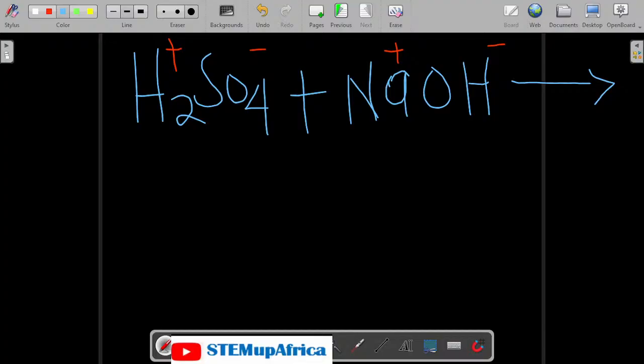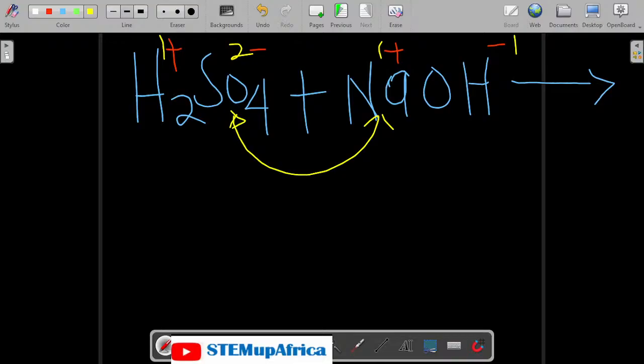It has a valency of -2. Sodium is 1, hydrogen is 1, hydroxide is -1. So the sulfate, which is negative here, will combine with the positive here. By doing so, I'm going to exchange their combining power, which is their valency.